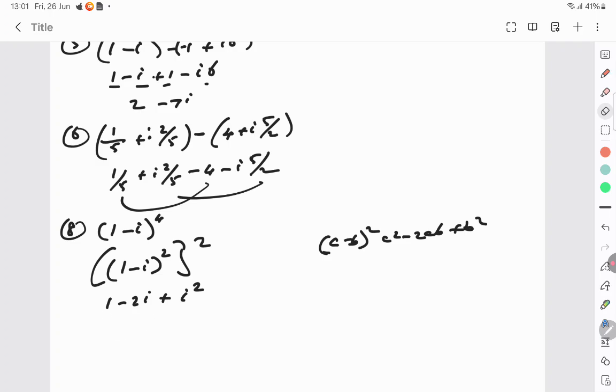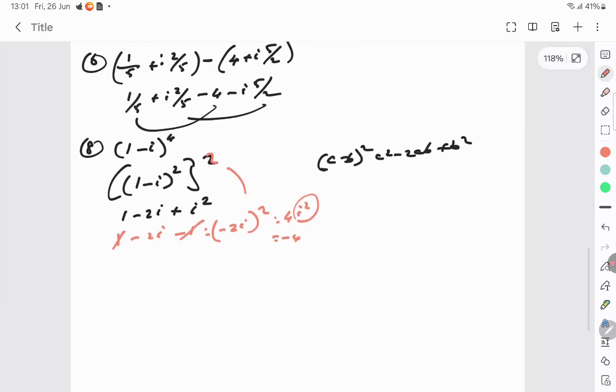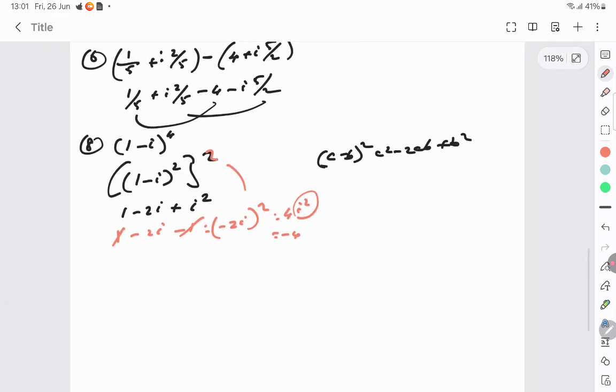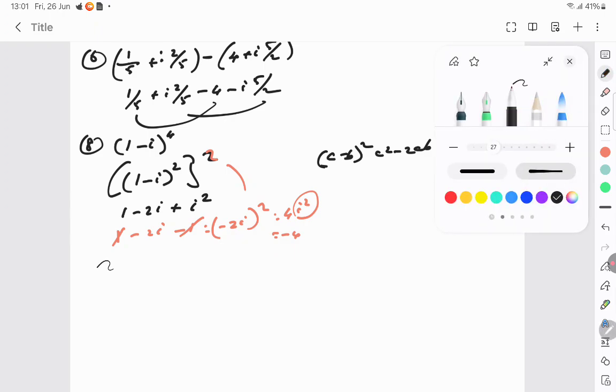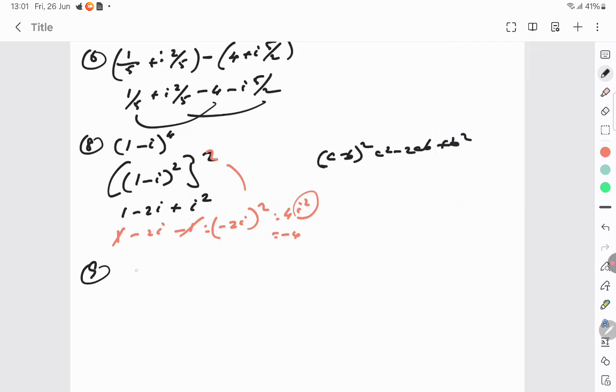So 1 minus 2i minus 1. 1 and minus 1 get cancelled. Answer is minus 2i. Now bring the whole square down. It's 4i square. i square is minus 1. So answer is minus 4. Check your book back answers if everything is correct.